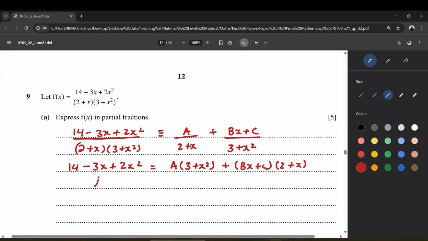Now what we can do is we can say that let x is equal to -2. Why -2? Because I need to cancel out some of the terms, and there should be only one unknown left in the equation.